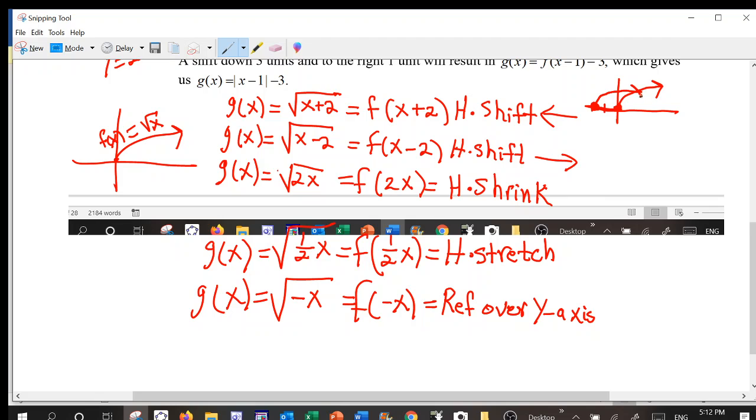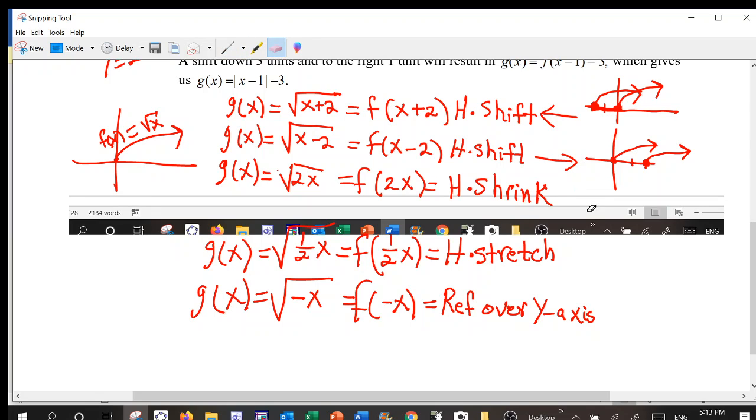So that's the new graph. And if the original one is over here, this graph is the graph of square root of x minus 2.